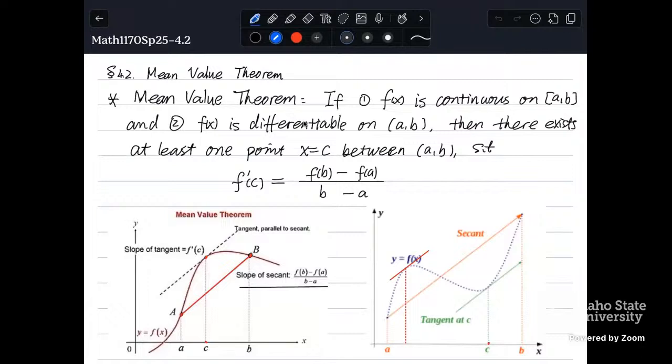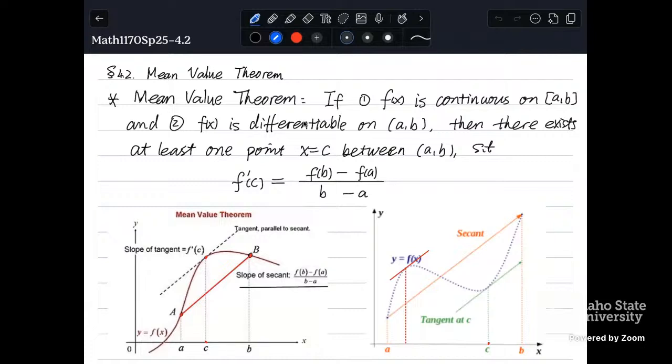The second condition is that the function should be differentiable, so you should be able to find the derivative over the whole interval. Like the previous example, the absolute value in the interval between -2 and 1 doesn't work in this case, okay?